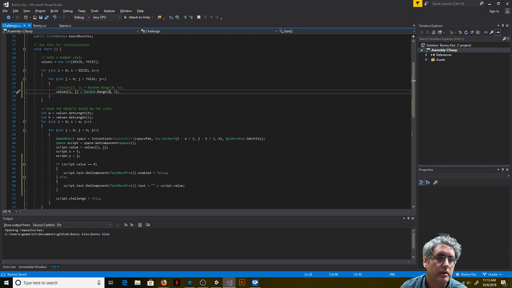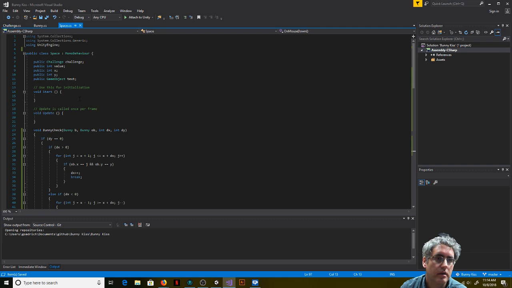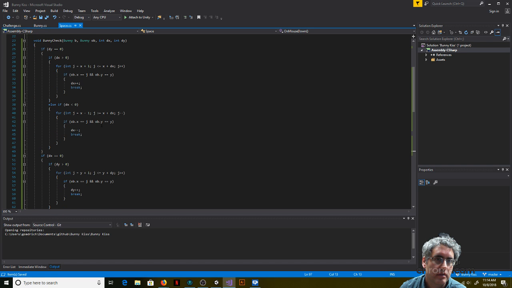Goodness. Okay, so if you're not moving in the y direction, if your x move is positive, then go to the next one, but less than or equal to the place where you could be, x plus delta x.